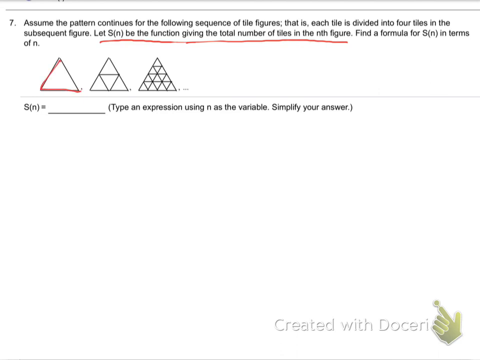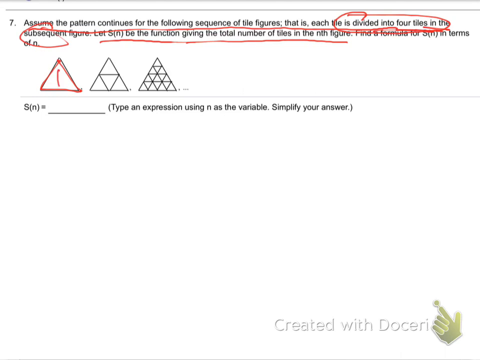They have a triangle, and then it says assume the pattern continues. Each tile is divided into 4 tiles in the subsequent figure.